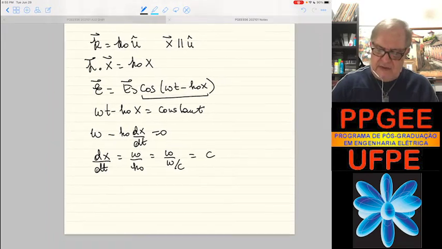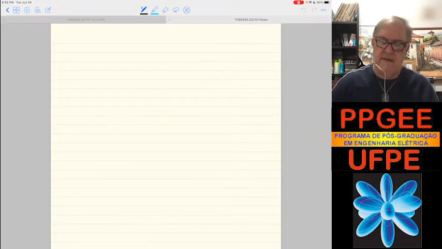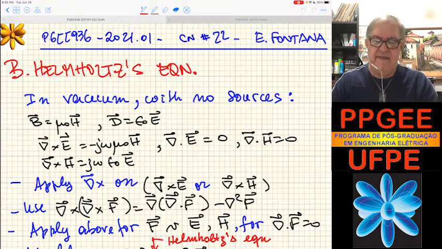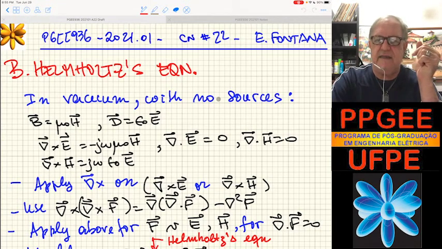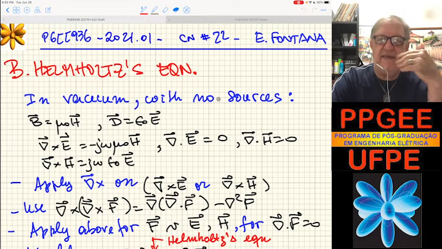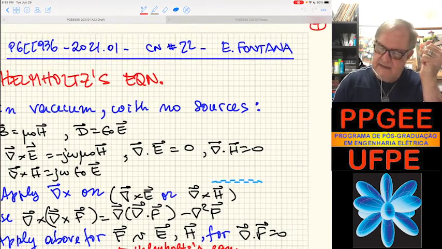So if I look into this wave, if I take an instantaneous picture of the amplitude of this wave, it's going to look like this.